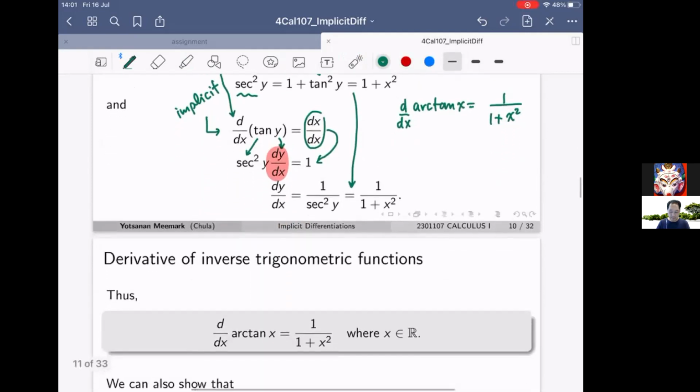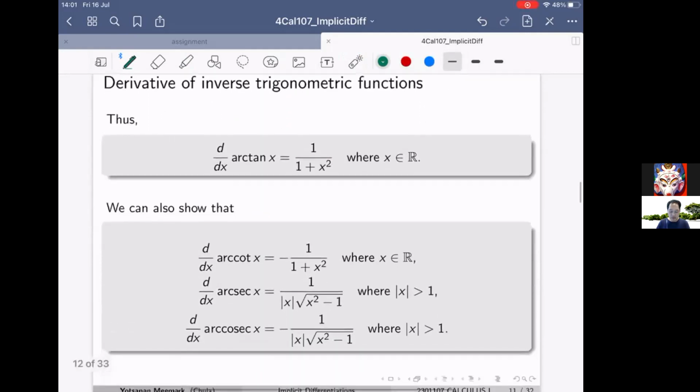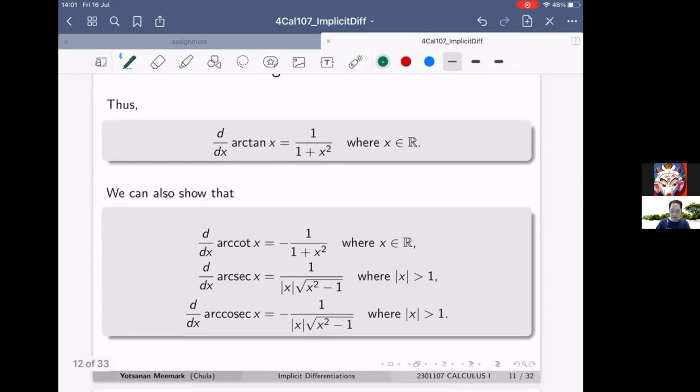Here is what we have. Again, there is the pair up: the tangent and the cotangent are paired up together, however they differ by a negative sign.